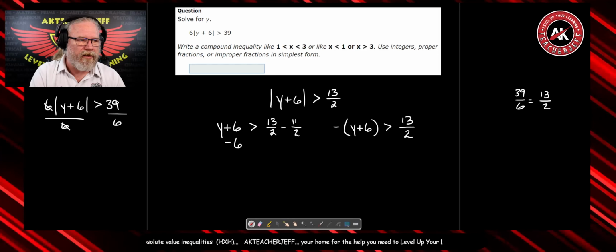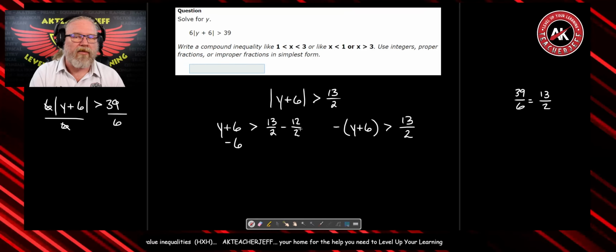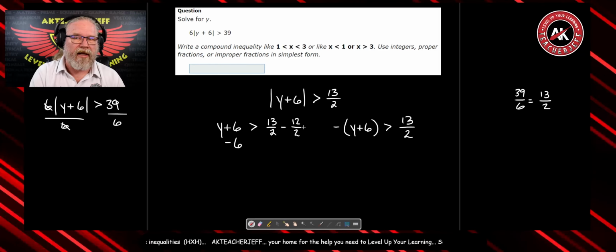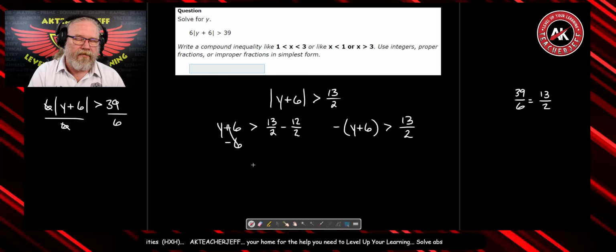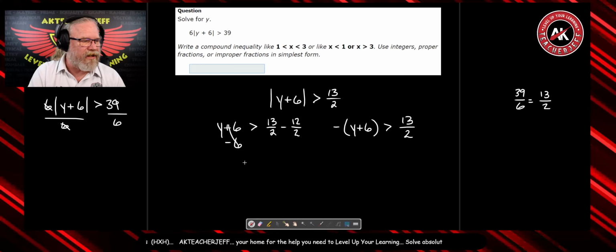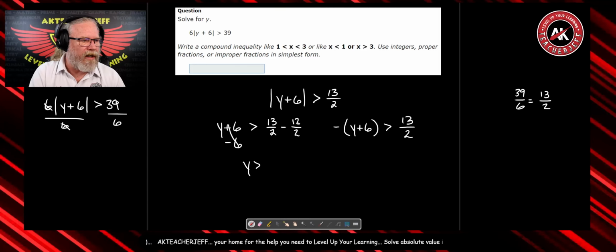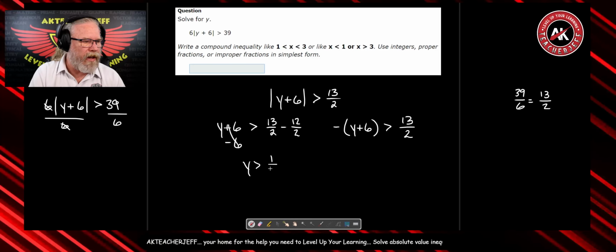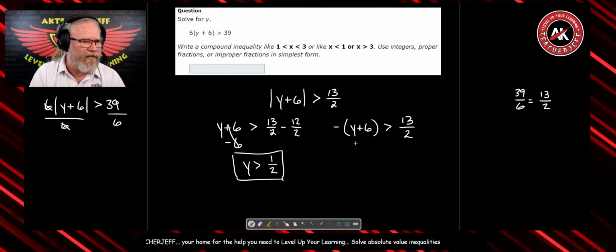Well, 6 times 2 is 12, so 12 over 2 equals 6. So I'm just writing 6 in another form using the improper fraction of 12 over 2. The 6's cancel each other, leaving me with y. And then 13 minus 12 is 1. And here I get 2, so y is greater than 1/2.